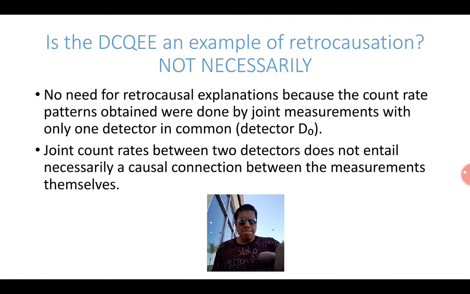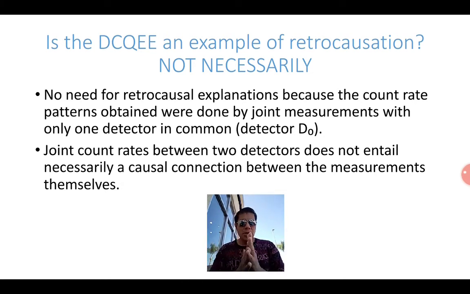Okay, and joint count rate between two detectors does not entail necessarily a causal connection between the measurements themselves. So when you're using two detectors and you're measuring the coincidence rate, you're just measuring how often they happen together. That does not have to do anything with causation, right?